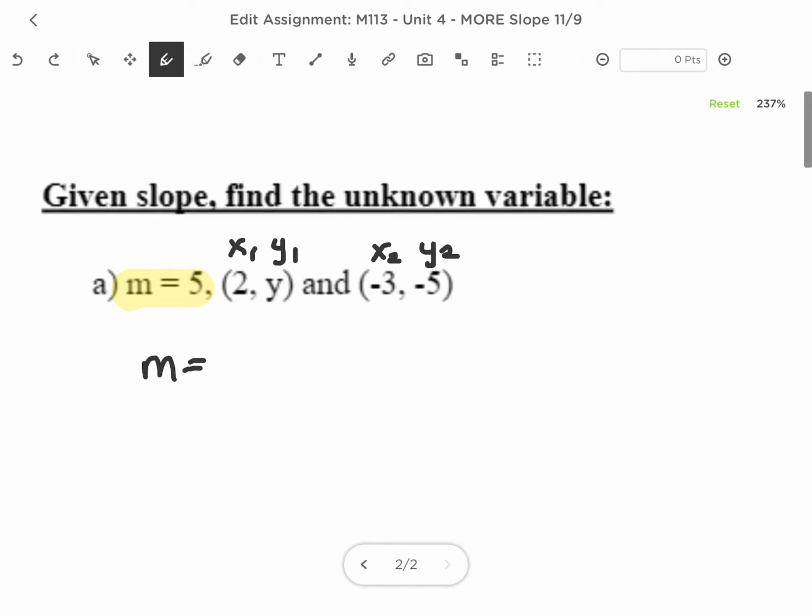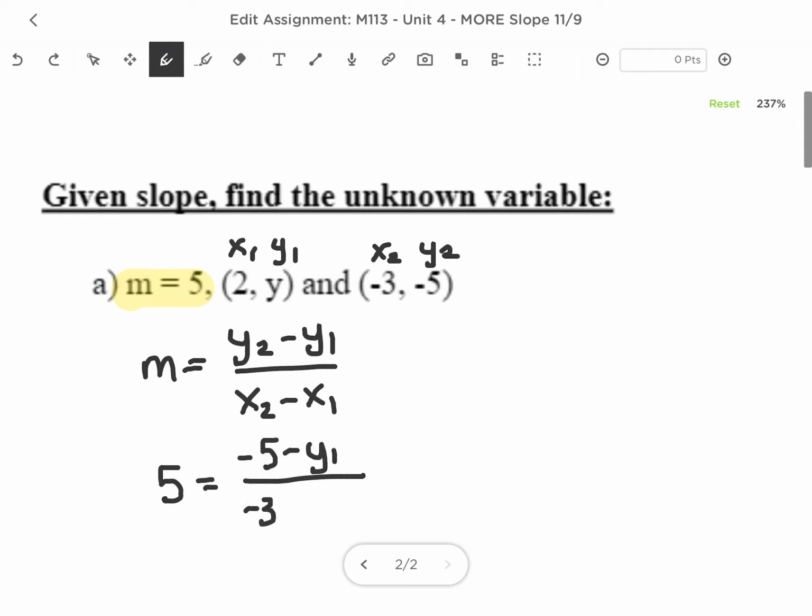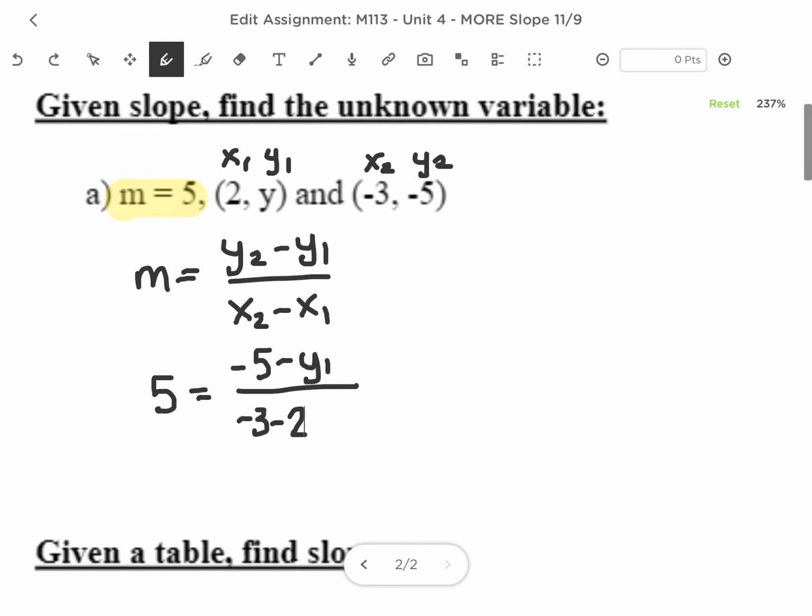So my slope, and we're going to start with our whole equation here just so we can fill in the variables we know. So I know my slope is 5. y2 is negative 5. We're looking for y1 divided by x2 minus x1. So we know 5 equals negative 5 minus y divided by negative 5.